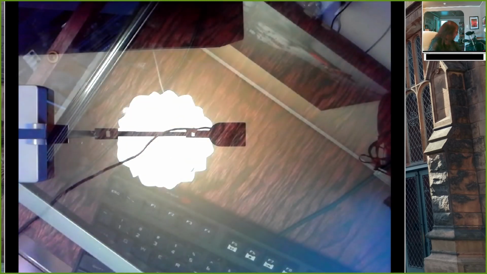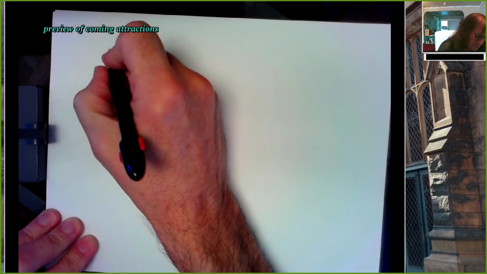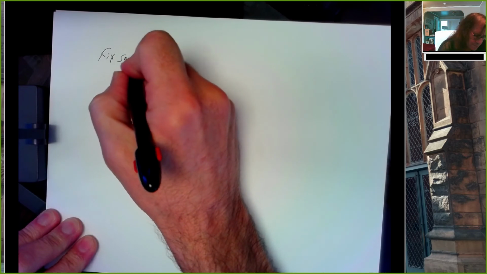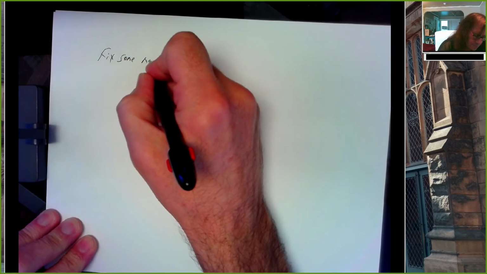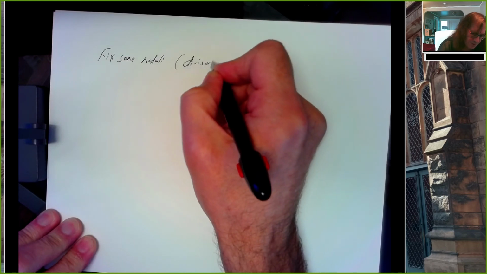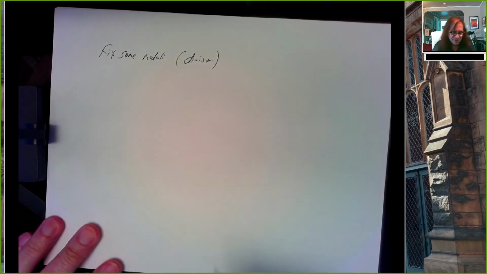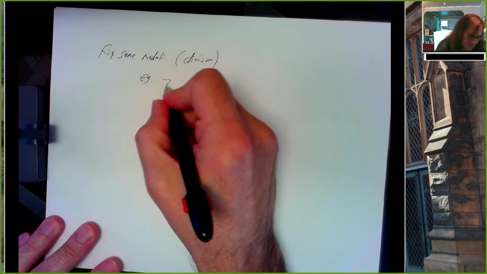So let me give you a preview, a preview of coming attractions here. We're going to fix some divisor, which I'm going to call a moduli. So fix some divisor, for example, 7.